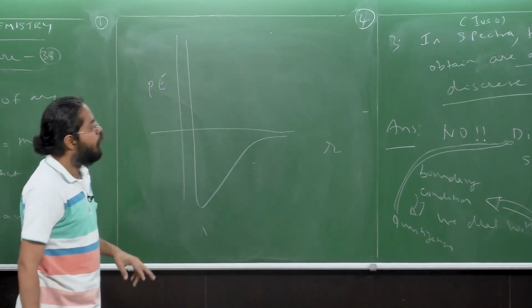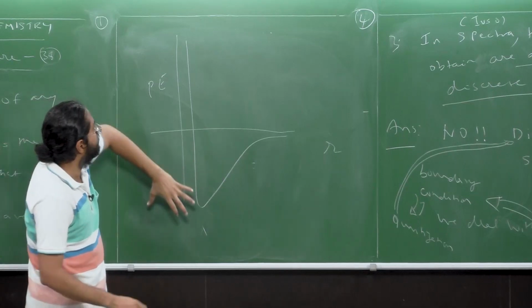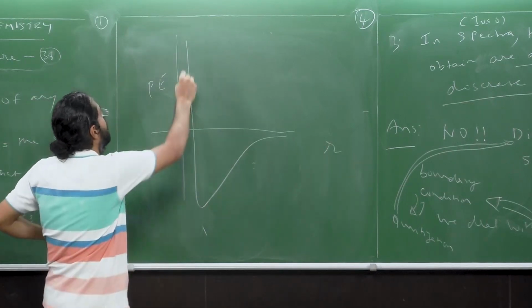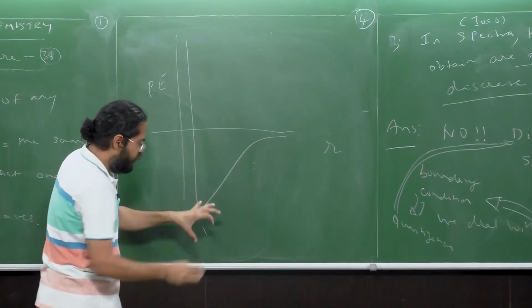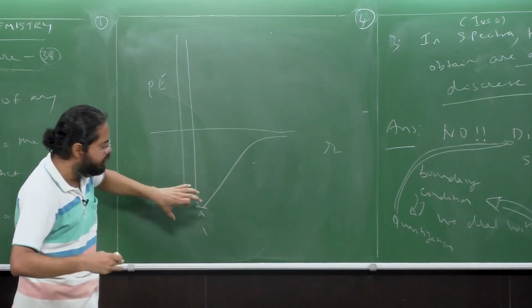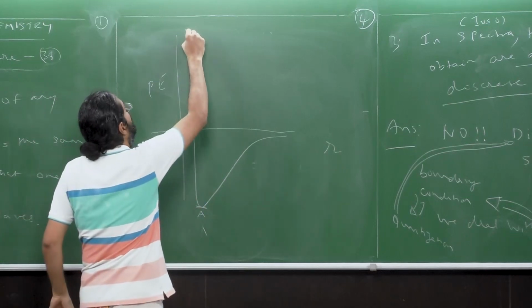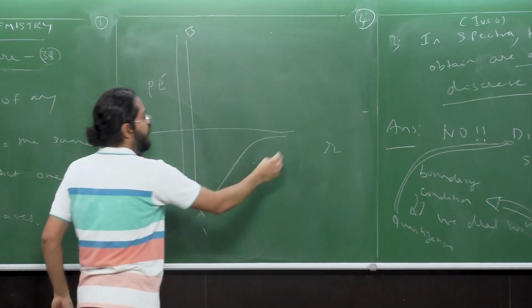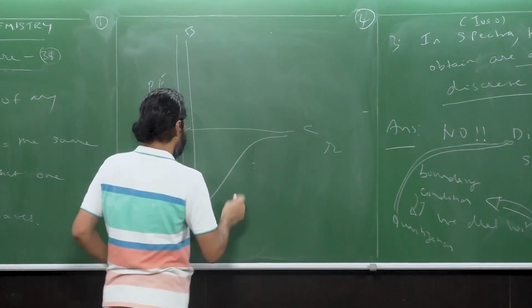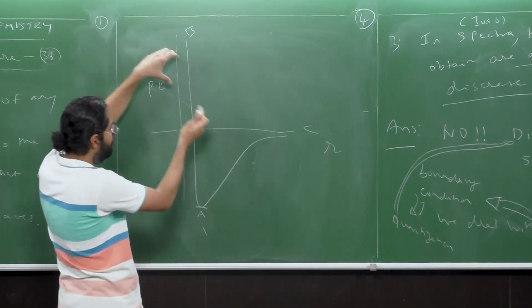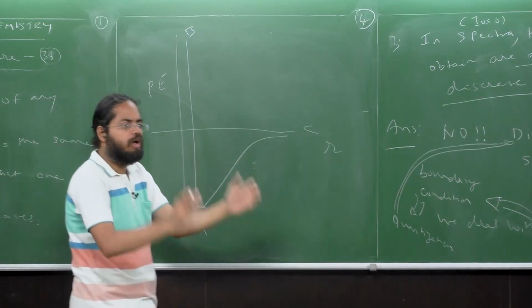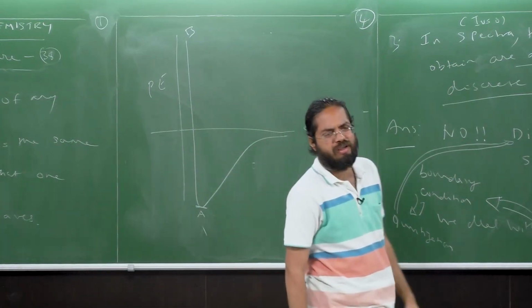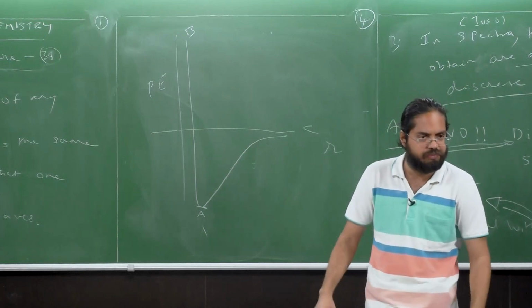Let me call this region A, which is the equilibrium bond state, this region B, and this region C. To the right of A is C, to the left of A is B. We ignore region B because there the nuclear repulsion is predominant, so chemically we're not interested in that region.